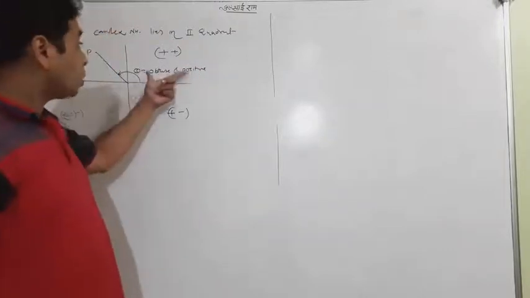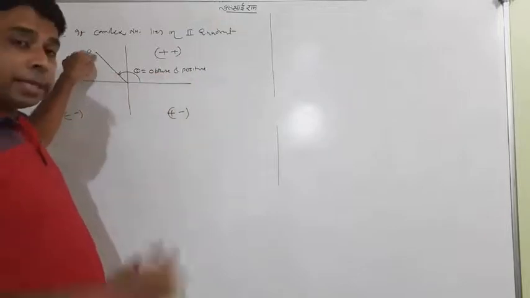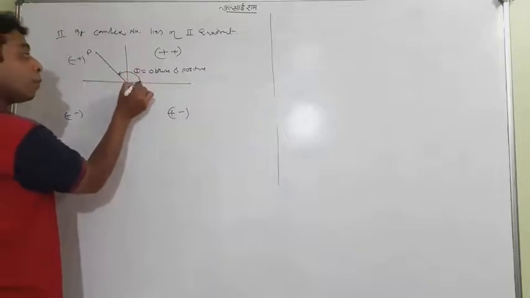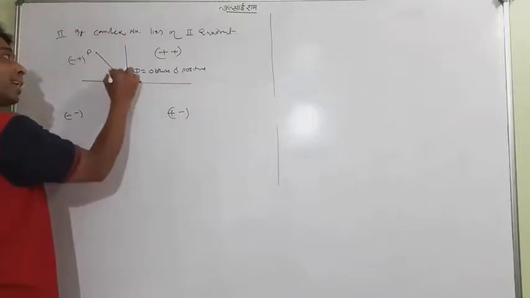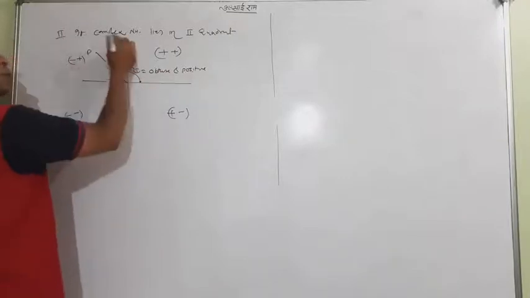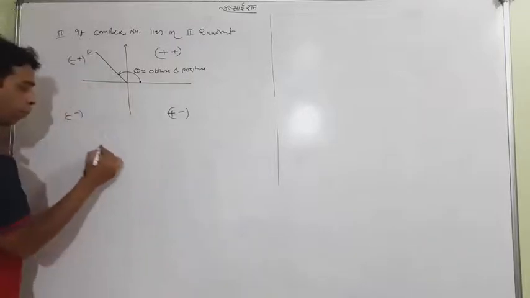When the point is lying in the second quadrant, theta is always counted anti-clockwise, which gives positive, and it is obtuse because it is beyond 90. You understand? It is an obtuse angle. Let me take an example.